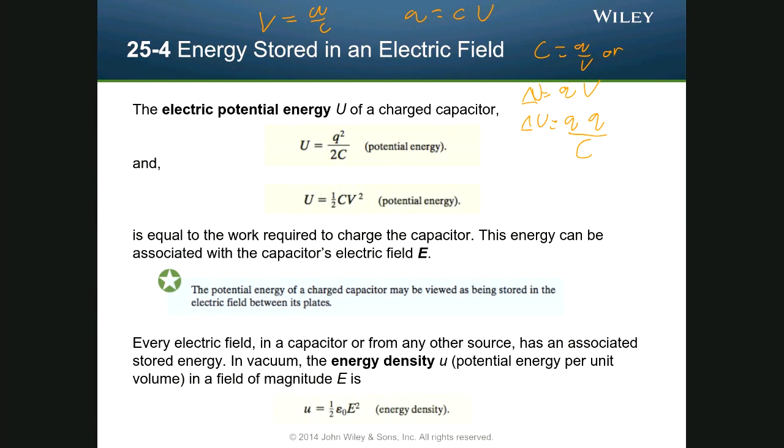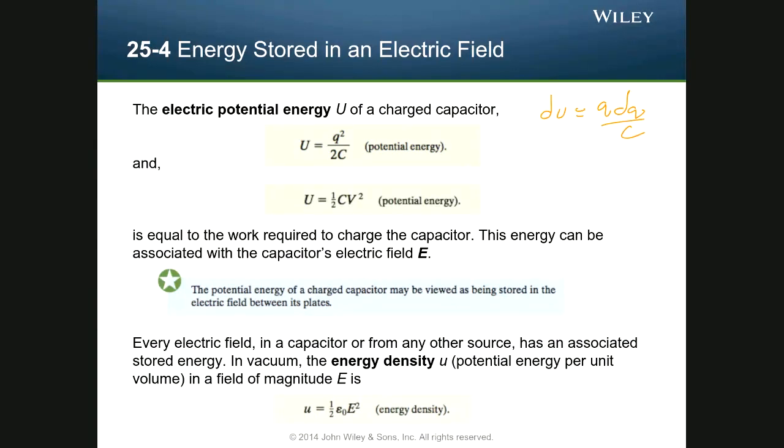I'm going to cheat knowing calculus. You're going to groan when I do this. I'm going to say that dU is equal to Q dq over C from our capacitance relationship.